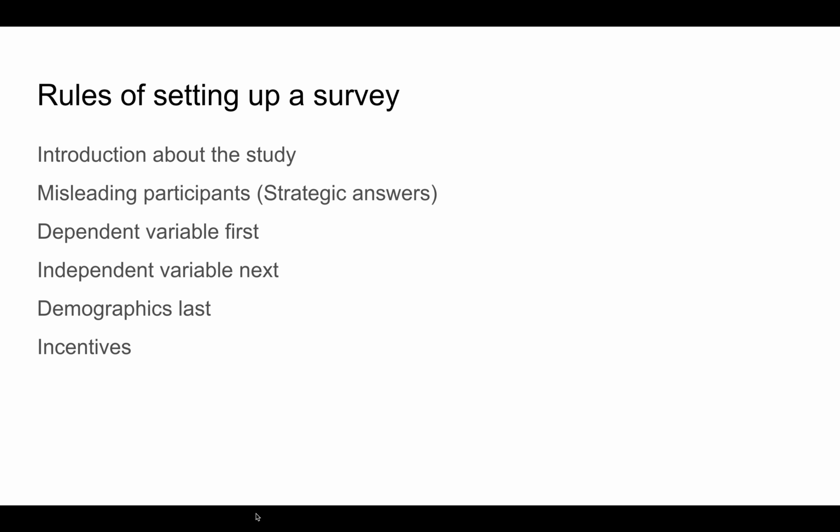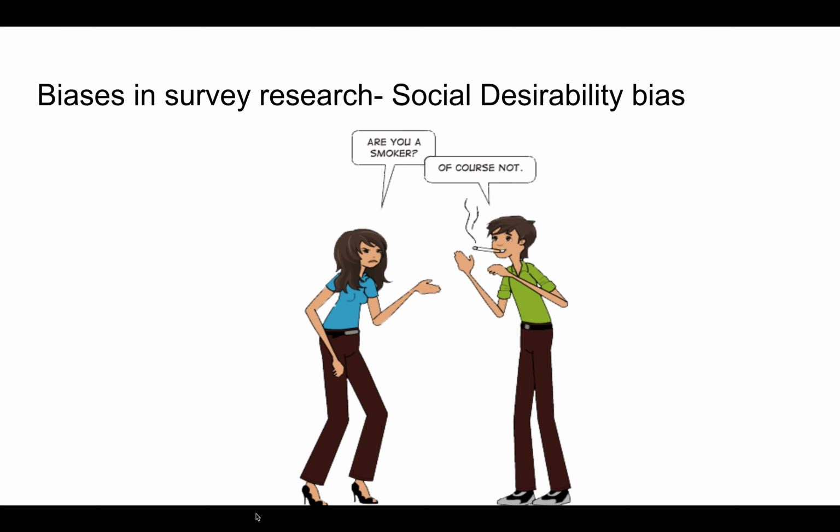So in a survey, ask the dependent variable first, the independent variable next, and questions about demographics like age, gender, income, education level last. And if you are giving any incentive to customers, that should be mentioned in the introduction to the study.